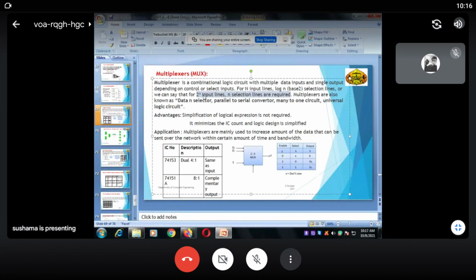Keep in mind, because this formula is important while designing the multiplexer, and this relation is important from the NSEM point of view. For solving or analysis of multiplexer, you should know these things. Later on, we say only 2 raised to n inputs, and you have to vary n to 2, 3, 4.